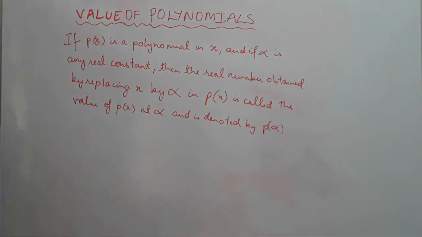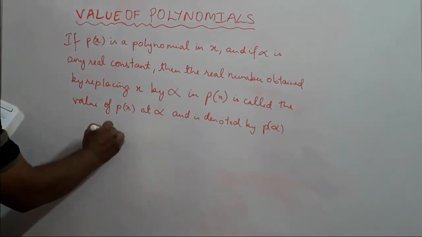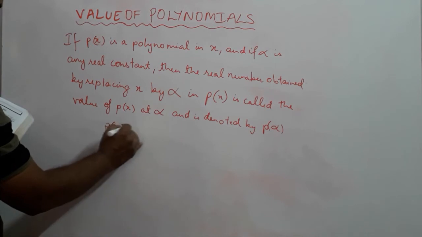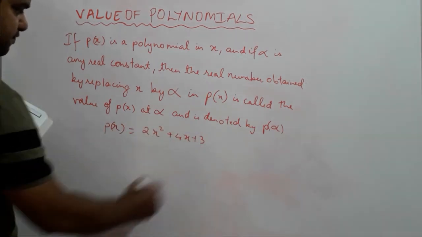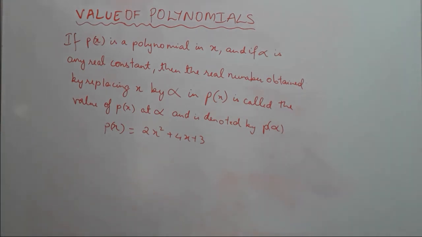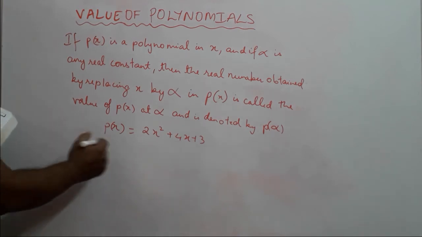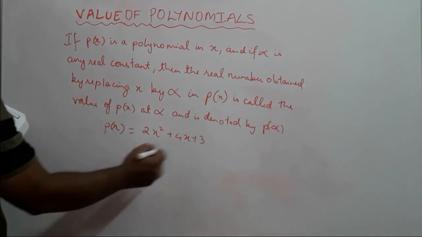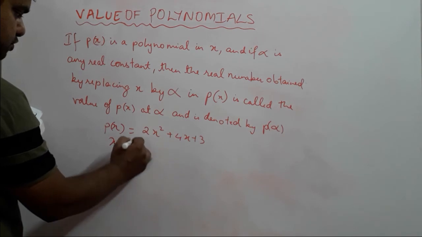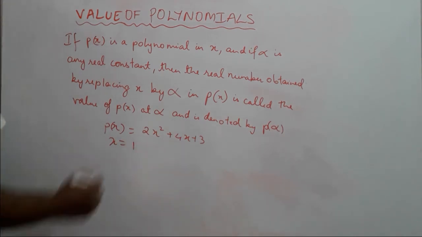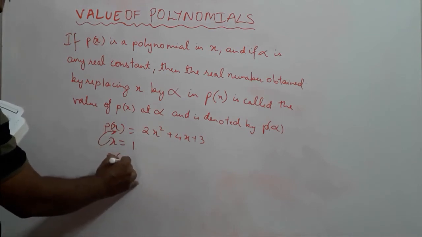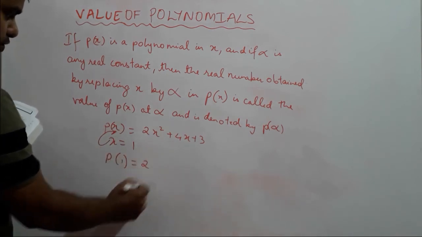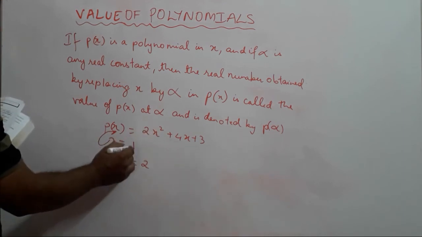What this means is, let's say we have p of x equal to 2x square plus 4x plus 3. This is our polynomial, which is a quadratic polynomial. Now in this case, if I replace x with 1, then this value can be substituted here and it will become p of 1 equal to 2, and wherever there is x, it will be substituted by 1.